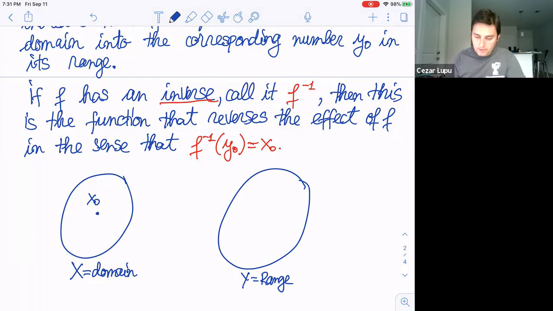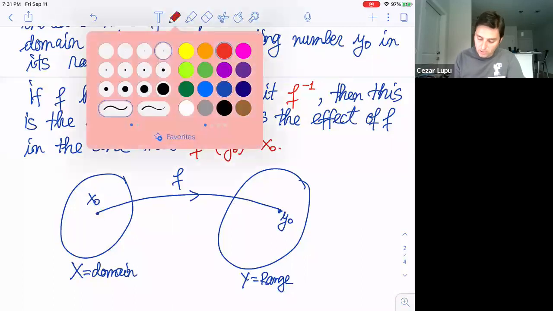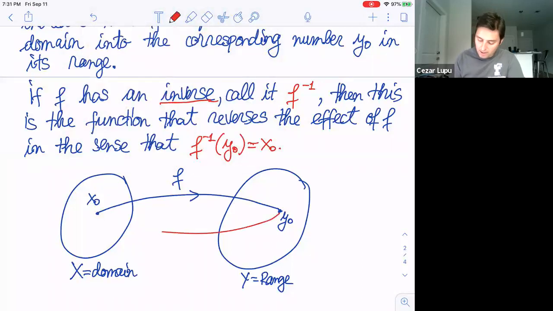And this point x naught is sent to another point, y naught, in the range. And this is sent through my function f. Well, guess what? If I want to send back that point y naught to the initial point x naught, what I'm going to do is the following, and I can do that. And this will be sent back through this function, f inverse. That's exactly what this function does.